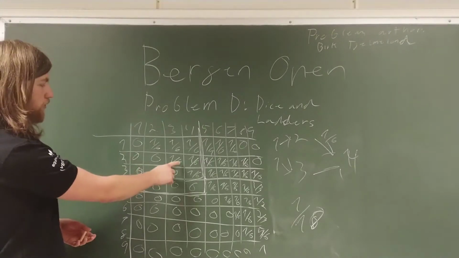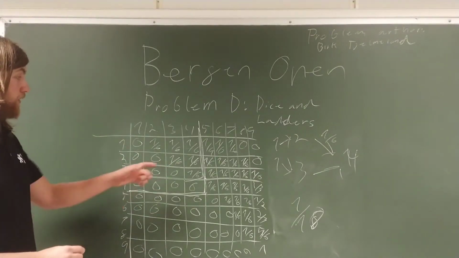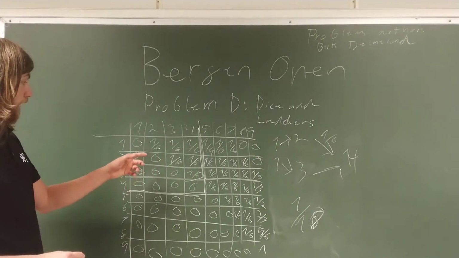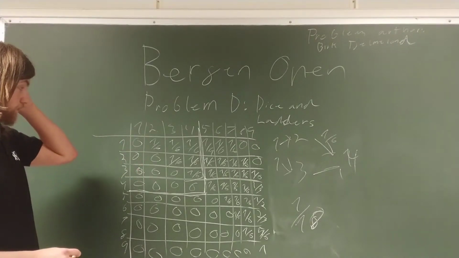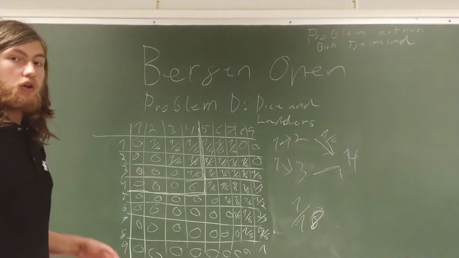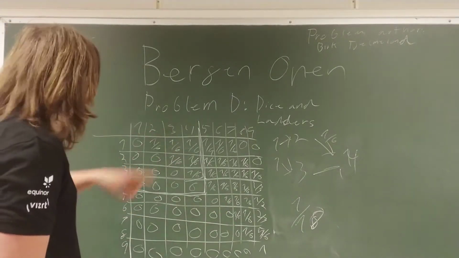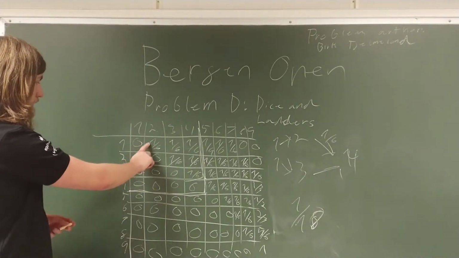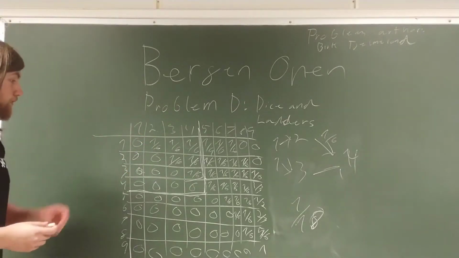Going from 1 to 2 is 1/6, but anytime you hit cell 2, you will automatically follow the ladder to cell 3.